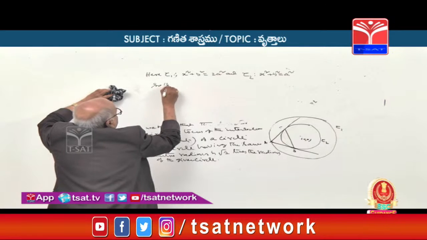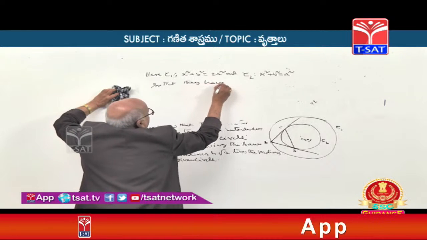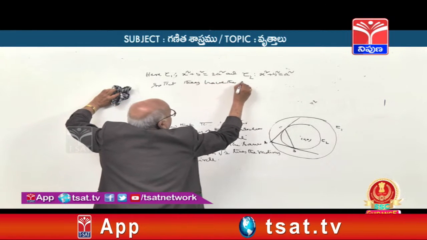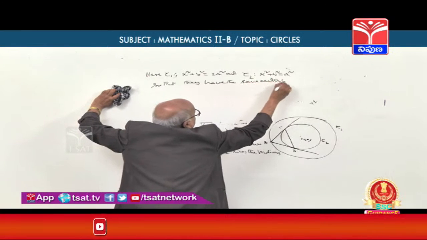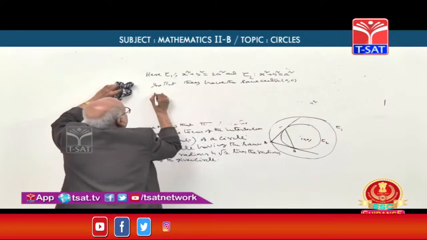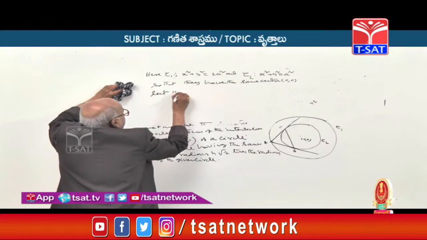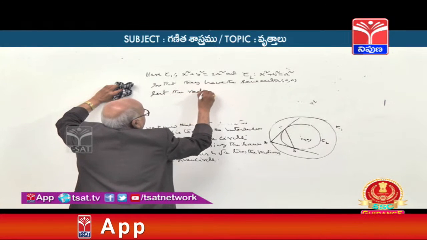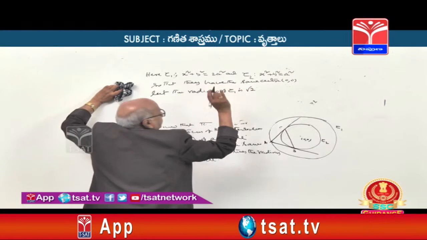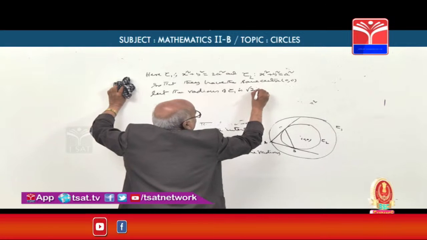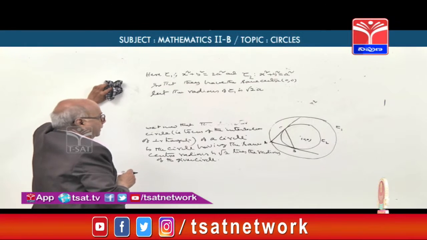So, they have the same center, 0, 0, but the radius of C1 is root 2a, which is root 2 times the radius of C2.